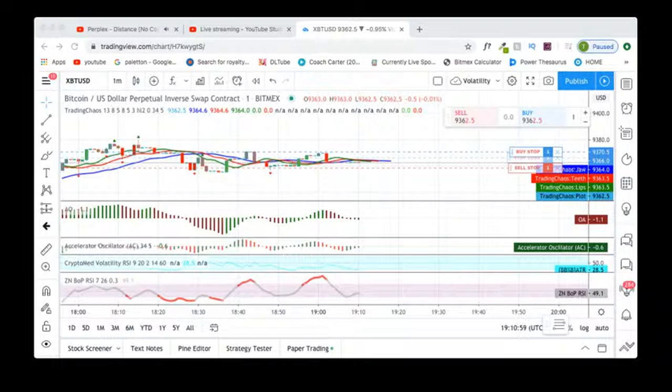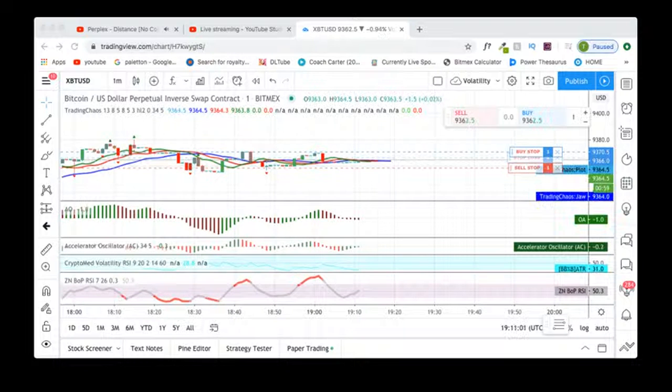So right now it looks like the volatility's gone down, but I just noticed that it touched the bottom line. A lot of times it likes to go up from there, whether it's a big down move or a big up move.